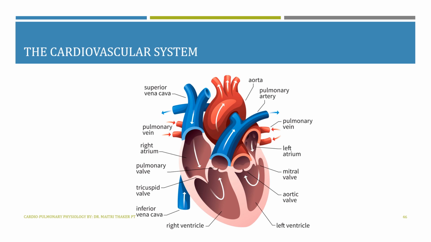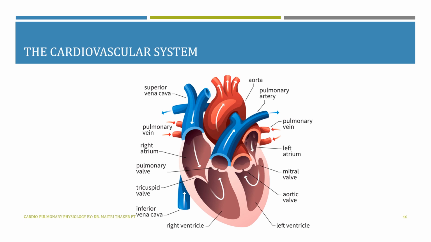There are 4 valves. Between right atrium and ventricle there is the tricuspid valve, and between left atrium and ventricle there is the mitral valve, also known as bicuspid valve. There are the pulmonary valve and aortic valve, also known as semilunar valves.